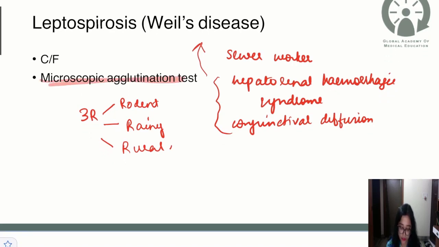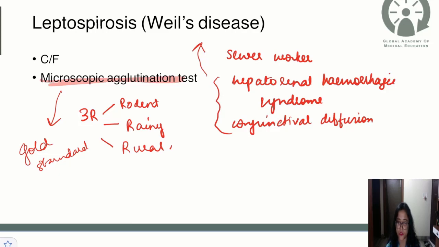So what is a microscopic agglutination test? It is the gold standard for the diagnosis of leptospirosis. Although we do not perform it commonly, what we do is take the patient's serum in a microtiter plate, and then we add the antiserum composed of the antigen from the locally endemic serovars.